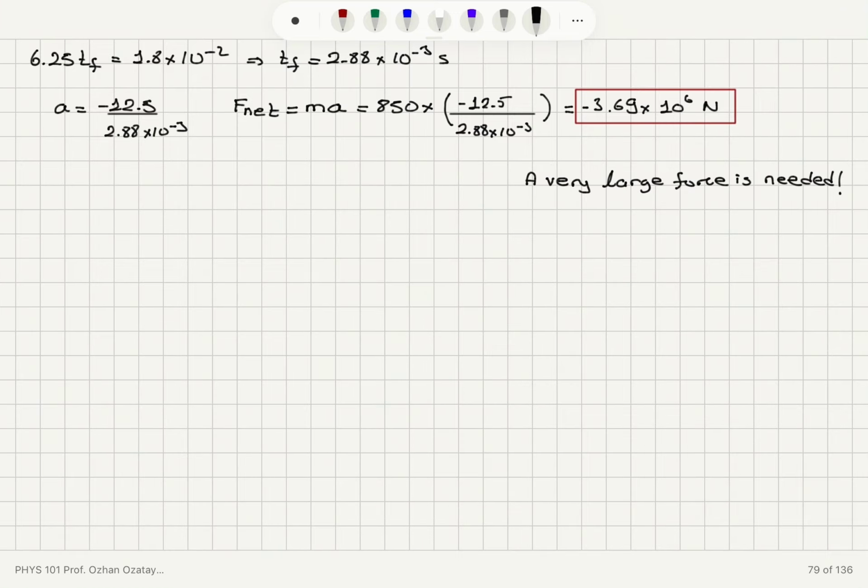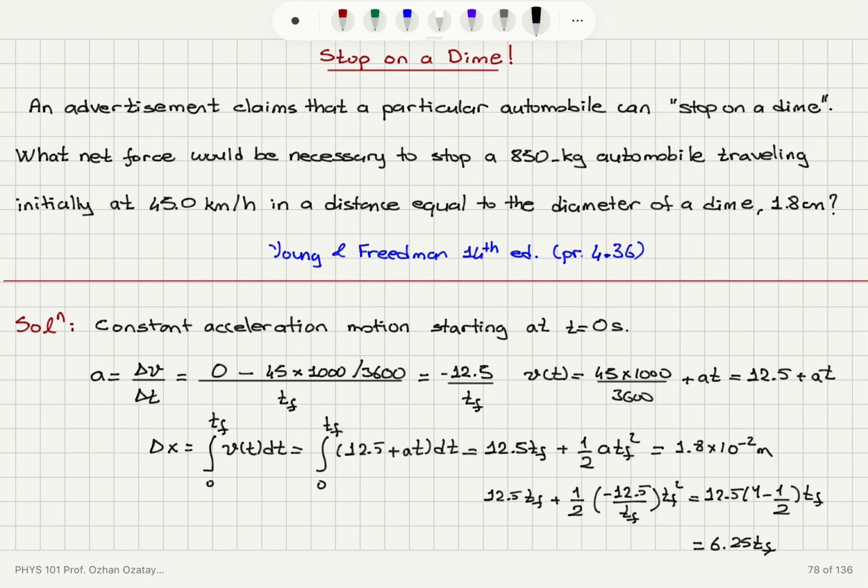Okay, so let's summarize what we did here. We have an advertisement that claims that a particular car can stop on a dime. That means in a distance equal to the diameter of a dime, 1.8 centimeters. If the car is initially at 45 kilometers per hour and its mass is 850 kilograms, what would be the net force that would be required to cause this?